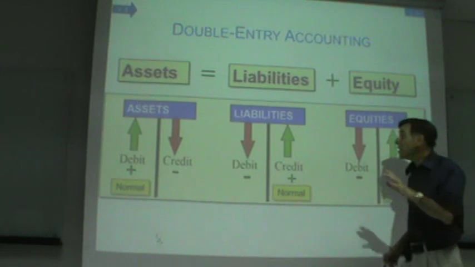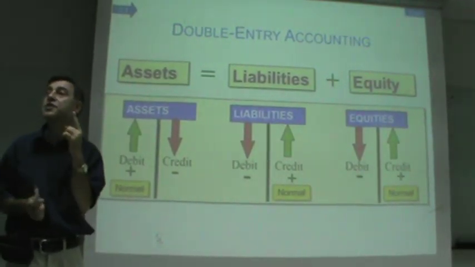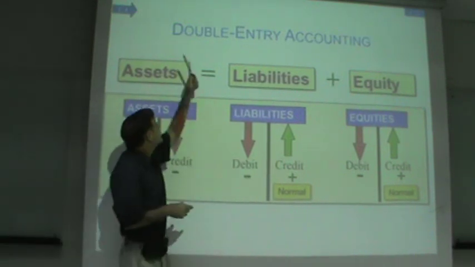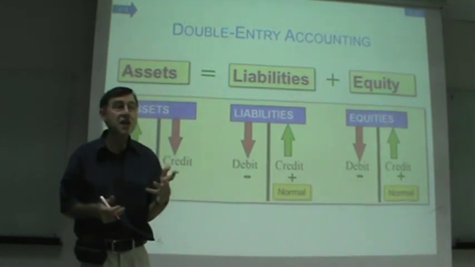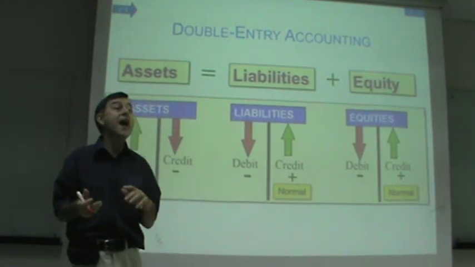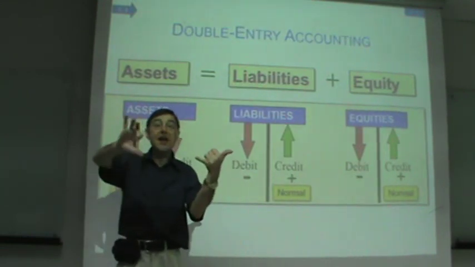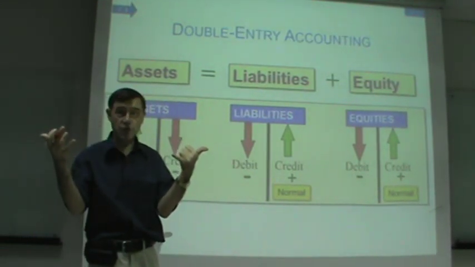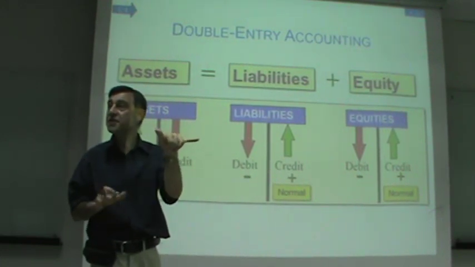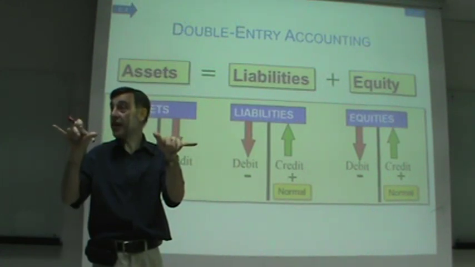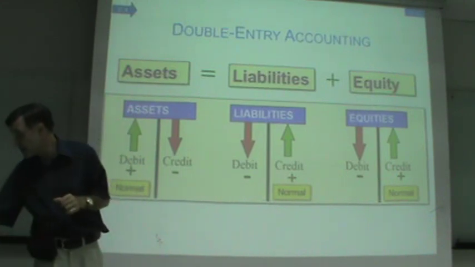And we always have what is known in accounting as the double entry accounting system. Double entry means you enter everything two times. Once as a debit and once as a credit. And you will always have all debits equal all credits, which I'll be explaining today and later next time.